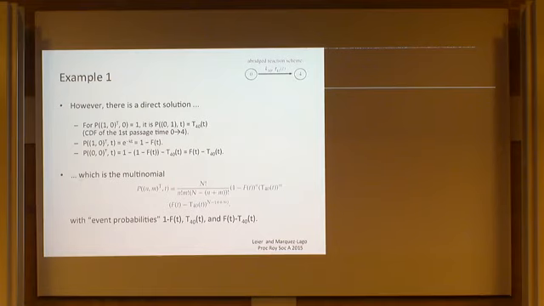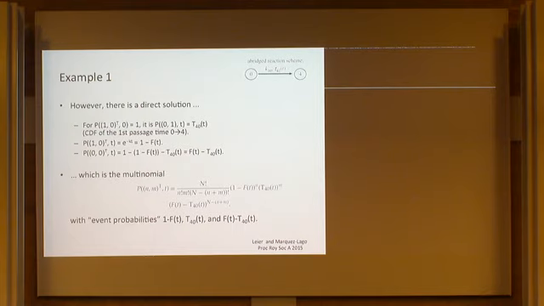And then the third state is that our walker is not in state 0 and not in state 4, but somewhere on the way, which is simply 1 minus those two. We can simplify this to f of t minus F40. But then we basically have three event probabilities: the walker can be in state 0, in state 4, or on the way. And it turns out that the solution is nothing else than this multinomial.